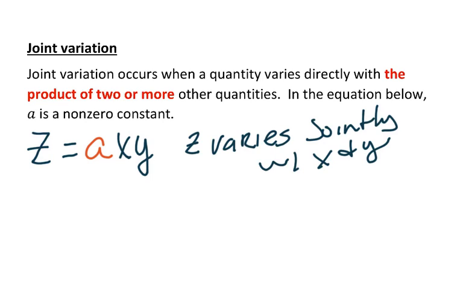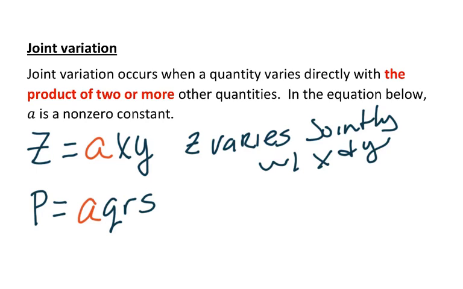Now, let's try another one. We could actually have something like p, and we could say that p varies jointly. We need a constant of variation, this a value, and it can vary jointly with q, r, and s.